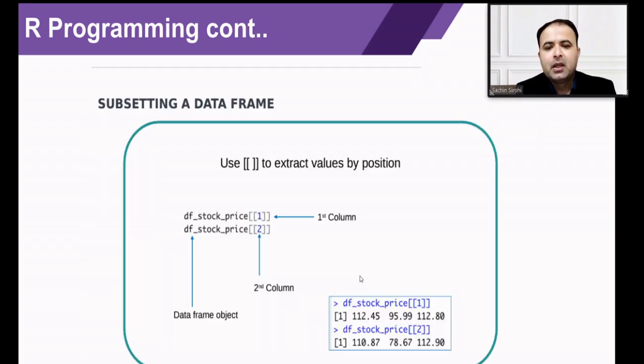Now, subsetting a data frame. We have already discussed that whenever we load the data, we can extract a particular value position-wise, or we can pass the column name. It's column name 1, column name 2, and it's a data frame object.